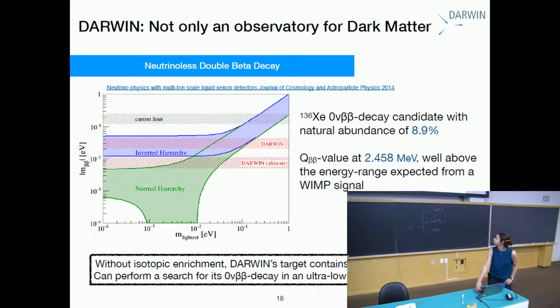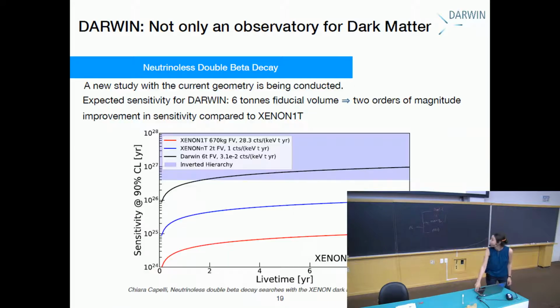So the challenge here, I didn't mention it, will be to develop detectors that can have a good response in the few keV signal region for our WIMP searches, and also a good high-energy response. Right now we are studying with the current geometry what our sensitivity will be, but the projected sensitivity is 2 orders of magnitude improvement compared with XENON1T.